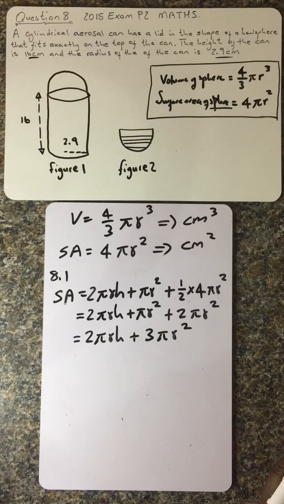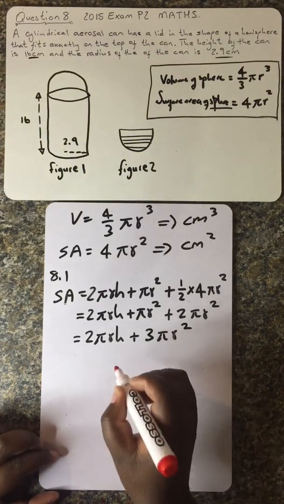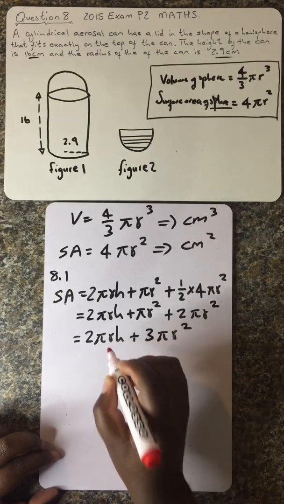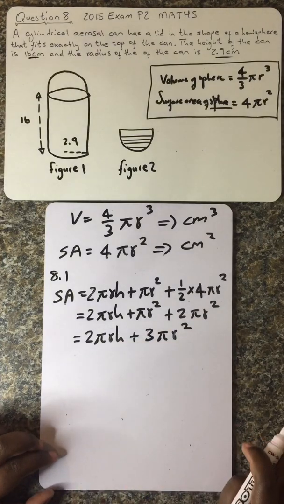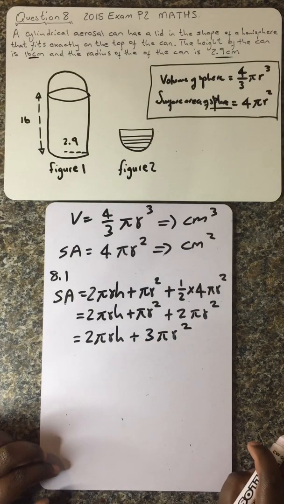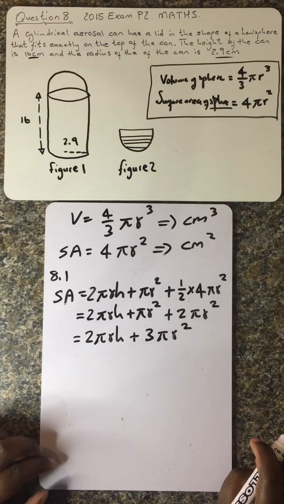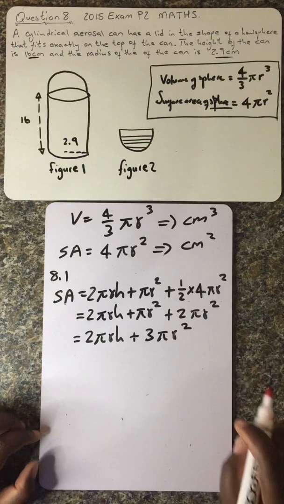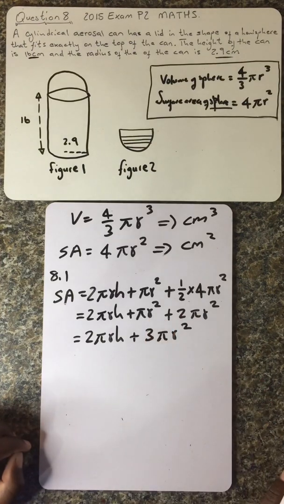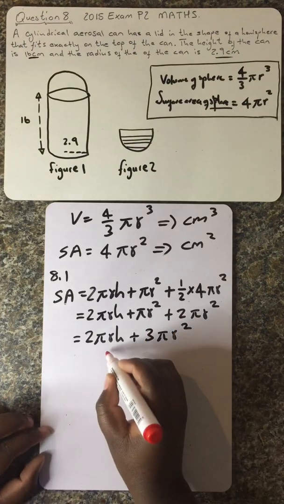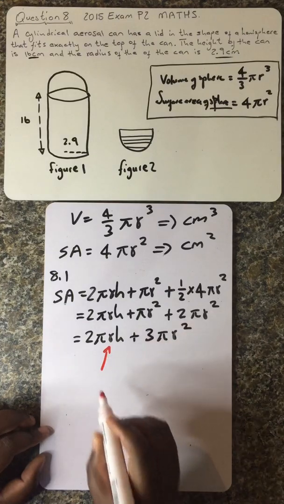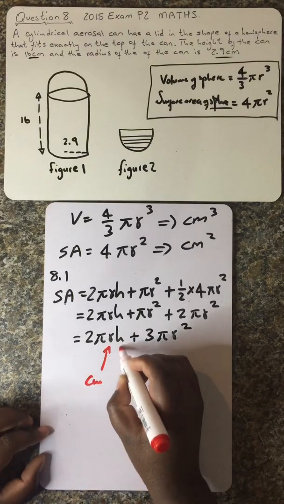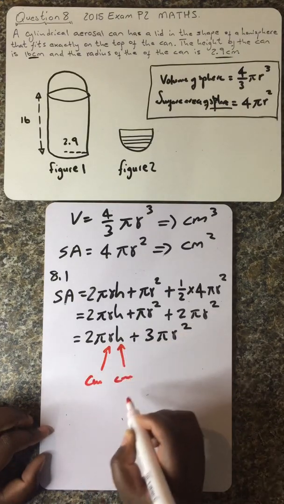Very much important before I start with the substitution. Remember, the area is just two quantities multiplying with each other. Normally it's length times breadth if you've got a square or a rectangle. So I just want you to be aware that r is measured in centimeters and the height is in centimeters.